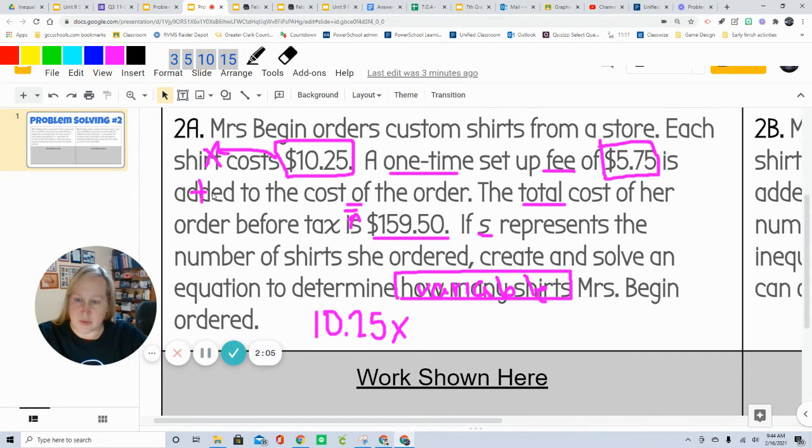So added means plus, and it's plus the $5.75. Is that equal to $159.50? All right, so I'm going to type this equation down here.